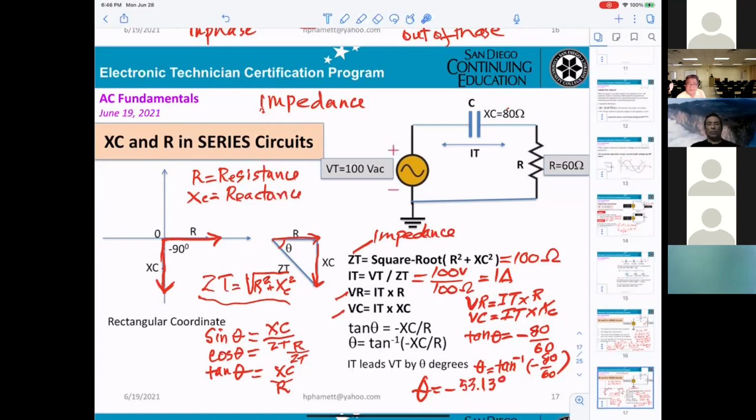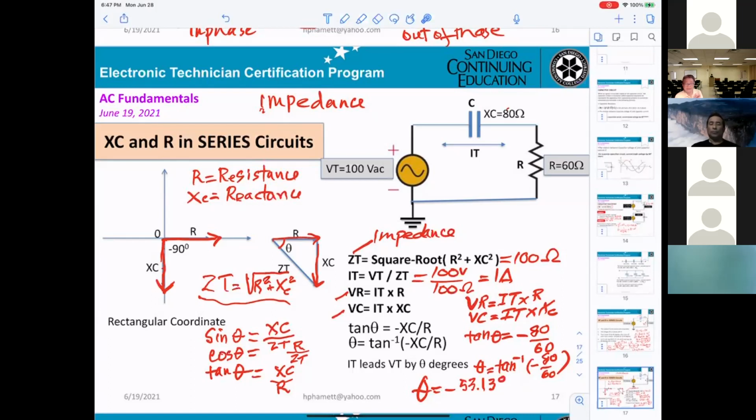However, V total and I total are not in phase, but they are not 90 degrees different either. They differ by minus 53.13 degrees, and the total current is leading the total voltage by 53.13 degrees.